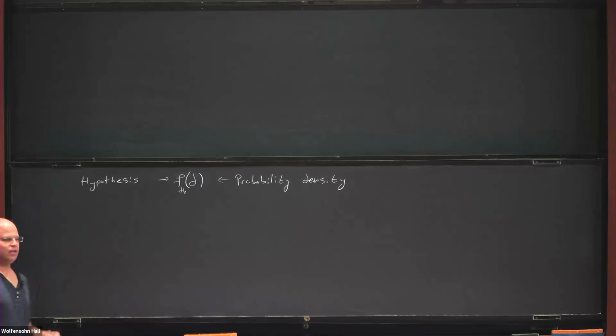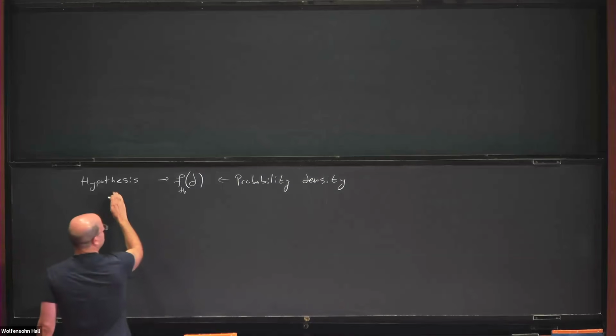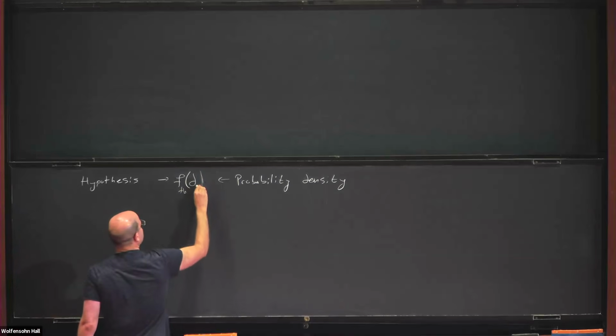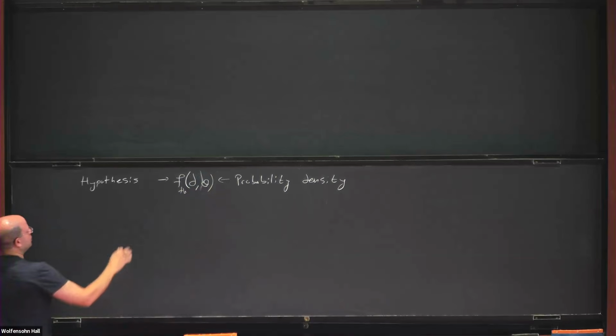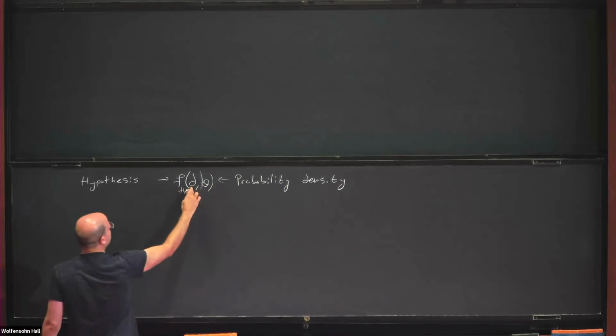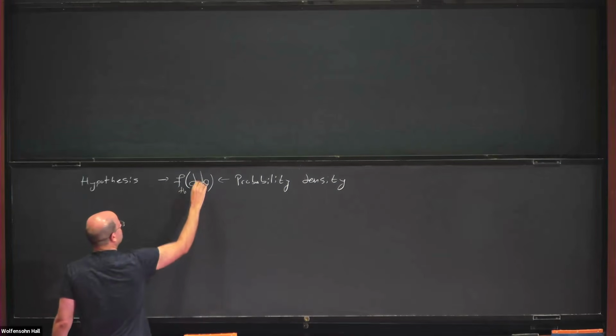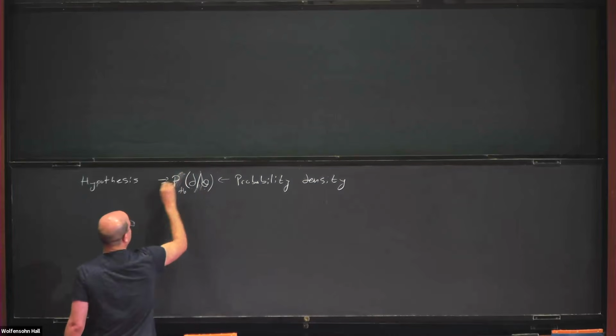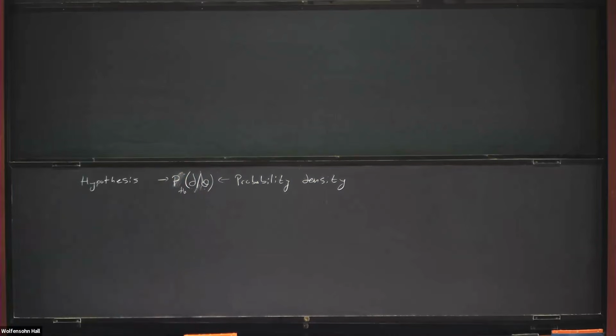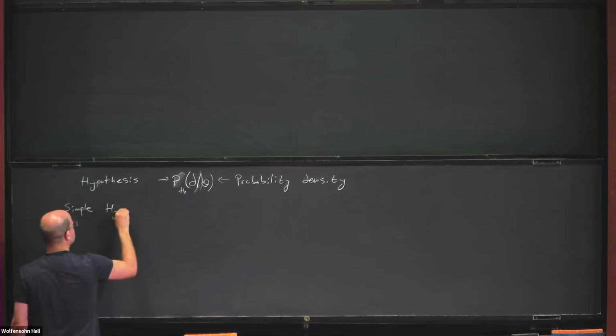Now, a simple hypothesis. A hypothesis, as I've defined it, may have some parameters. You might say, if I know theta, then I know d. We write it like that: probability of d given theta. Good, so that's a hypothesis.